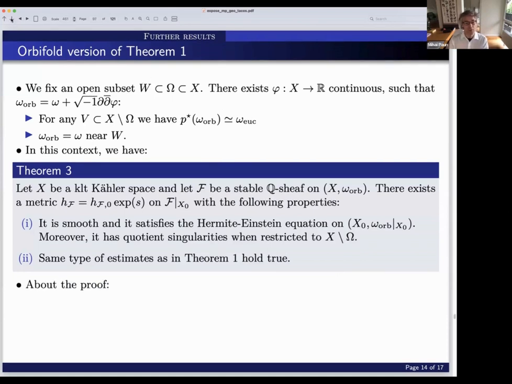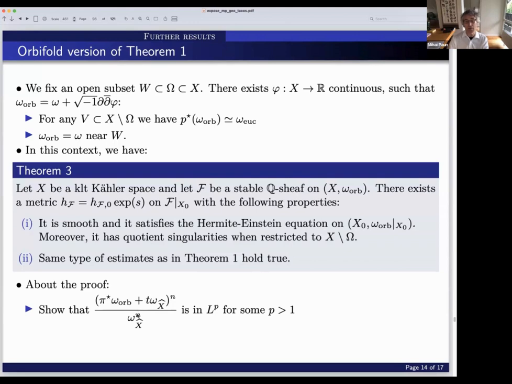Now, just two words about the proof. What really matters is that despite the fact that here we have some singularities in this omega orb, nevertheless, the volume element is in L^p for some p bigger than 1.